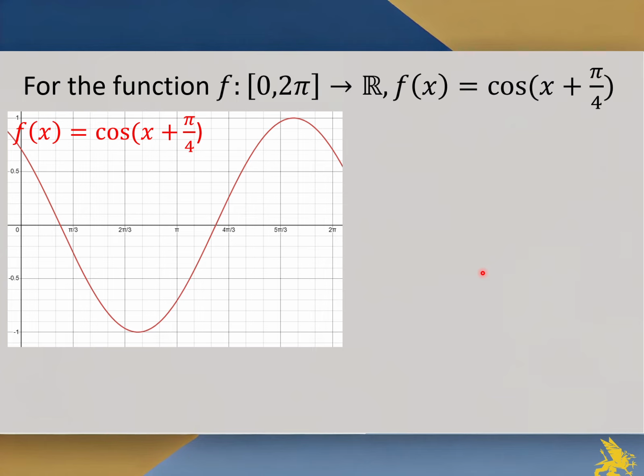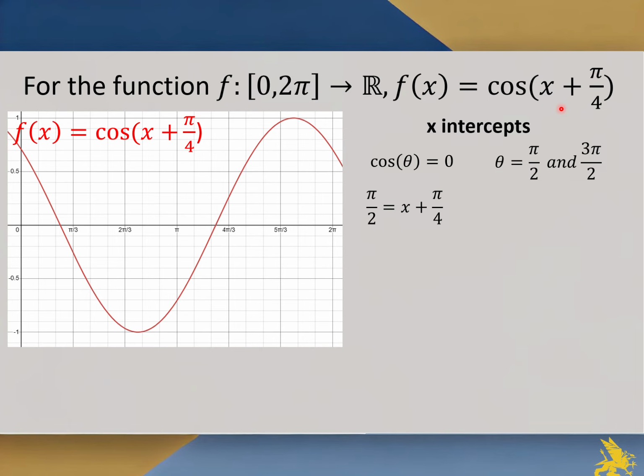If we want to do the calculations, then for x-intercepts, straight away, we know for an x-intercept for cosine on the unit circle, it would be pi over 2 and 3 pi over 2. So I can say that I've got pi over 2, and that is equal to what's in here, x plus pi over 4.